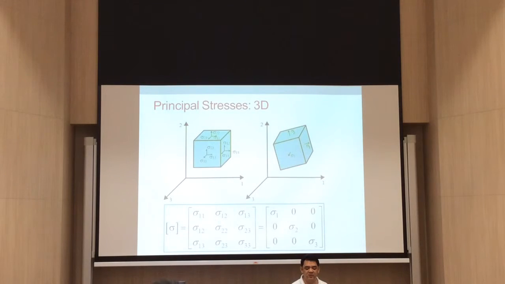And what are these sigma 1, sigma 2, and sigma 3? They are your principal stresses, where sigma 1 is greater than sigma 2, and sigma 2 is greater than sigma 3. So what is very useful in design? It will be sigma 1, your first principal stress.